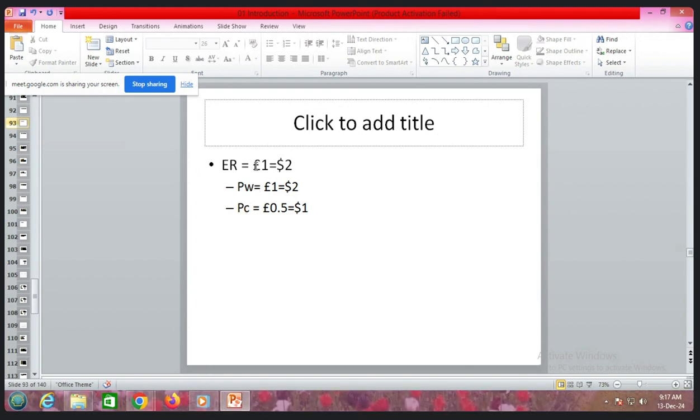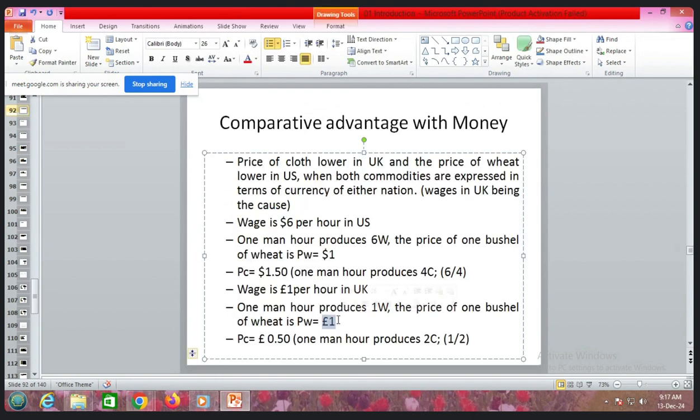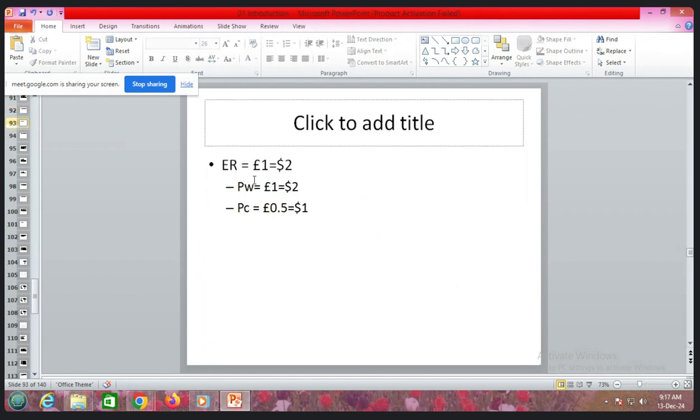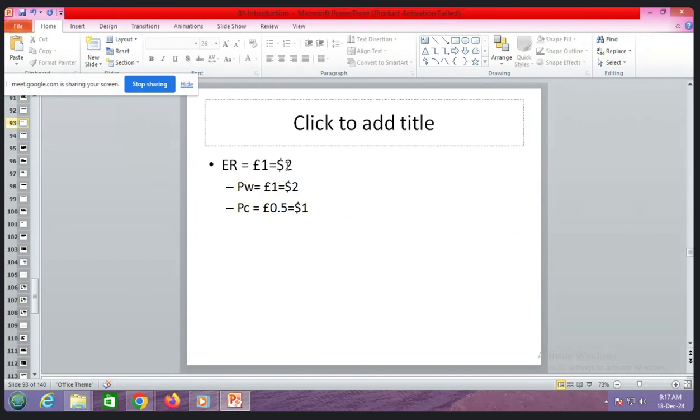So the price of wheat, you have seen in the previous slide, in terms of pounds is £1. So if £1 is $2, the price of wheat will become $2 in UK. Similarly, if the price of cloth is 0.5 pounds in UK and £1 is exchanged for $2, the price of cloth in dollar terms will become $1.